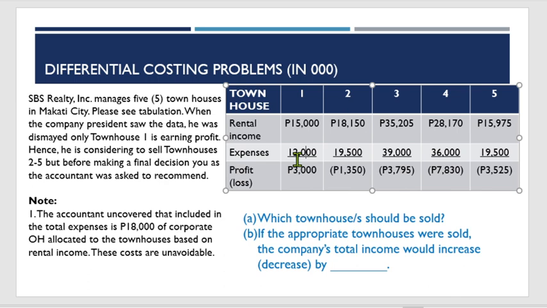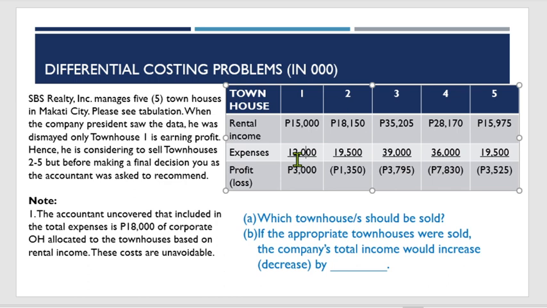If the rental income of Townhouse 1 is 15 million, minus avoidable expenses of 9,600,000, that gives you a margin of 5,400,000. So, Townhouse 1 is positive. And the rest, you have to compute based on that logic.